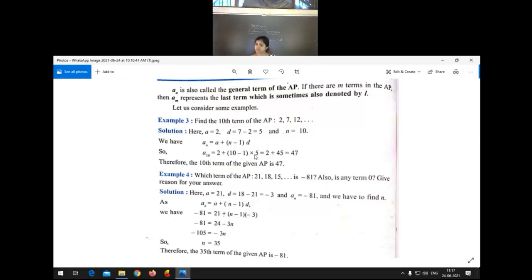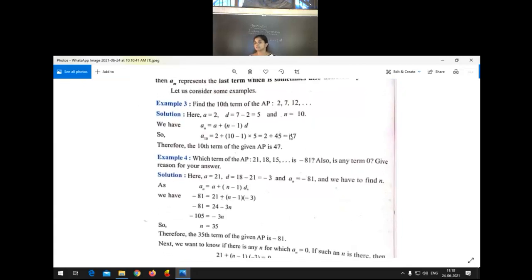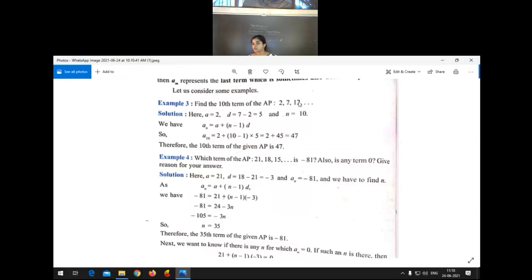Next is very simple simplification: 10 minus 1 is 9, 9 into 5 is 45, then 2 plus 45 gives the answer 47. So this is the 10th term. If we continue this AP, in place of the 10th term we'll get 47. Got the idea of this problem now?